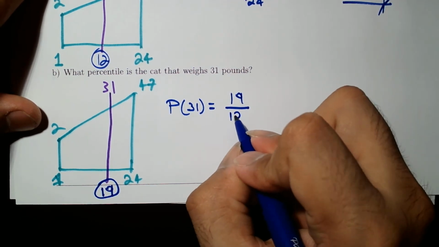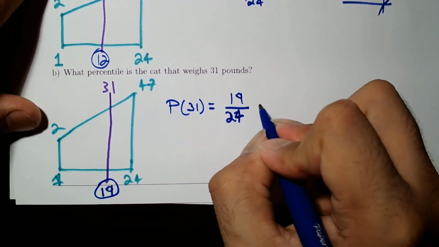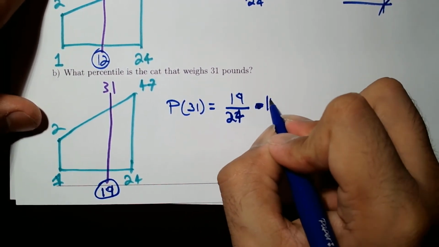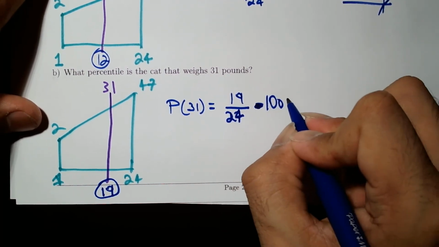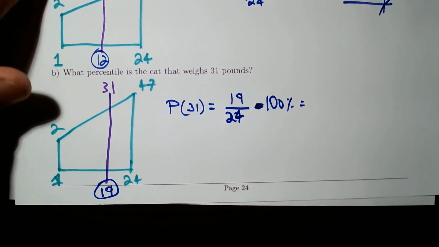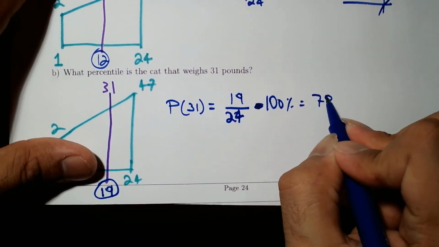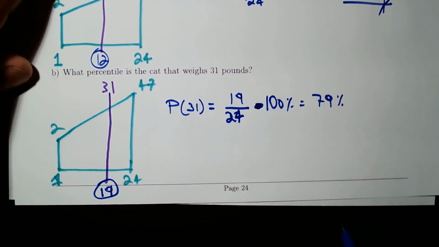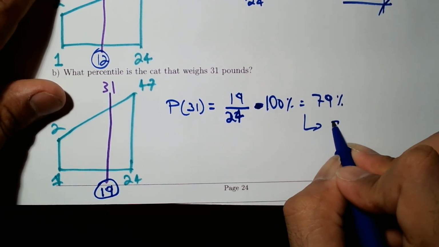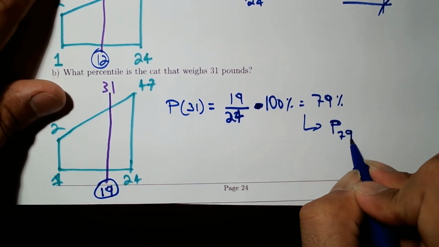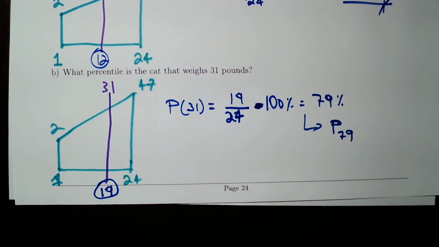Divided by 24, multiply by 100, and we get 79%. Okay, that means this guy is P79. That's the 79th percentile.